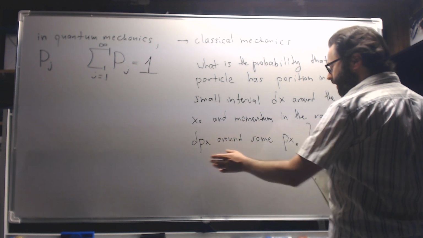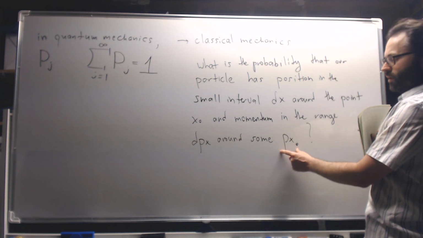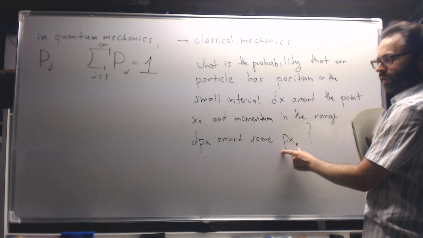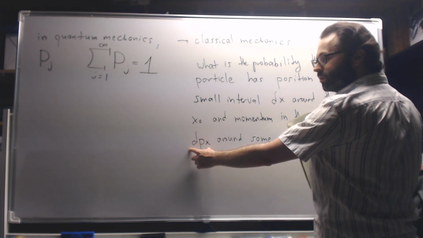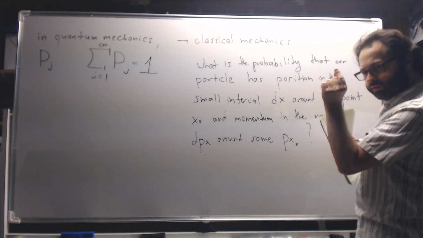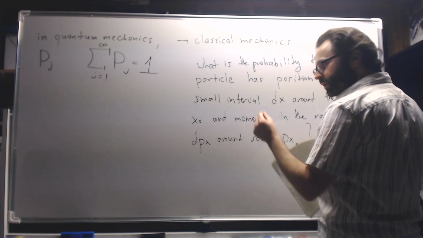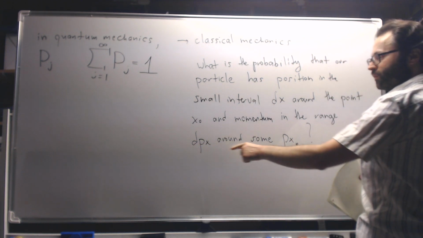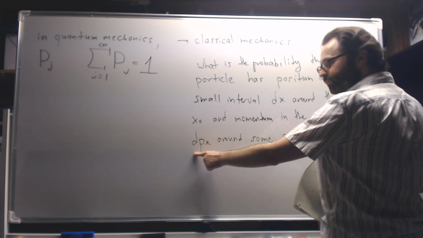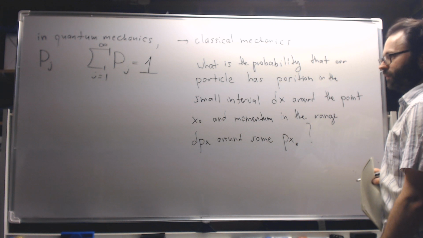And similarly, we're going to ask that the momentum is centered around this value, but we're not going to force it to be exactly this value. We're going to say in some small increment around this value px naught, so roughly to an infinitesimal region dpx around the point px naught. And of course, because this is infinitesimal, this interval lies intimately closely around that point.